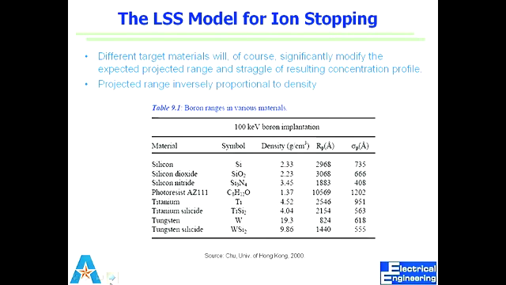So, I know for boron at 100 kilo electron volt how deep it will go into one material, which is the projected range, RP. And then what would be the straggle, which is delta RP, sigma P, right?